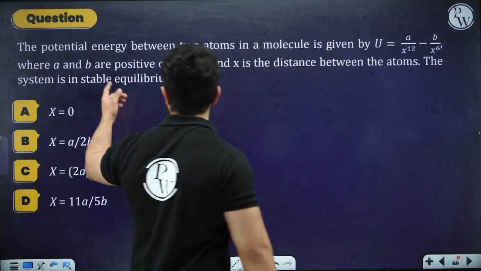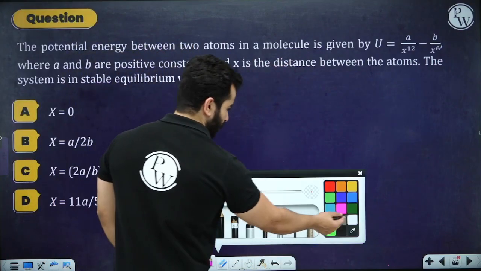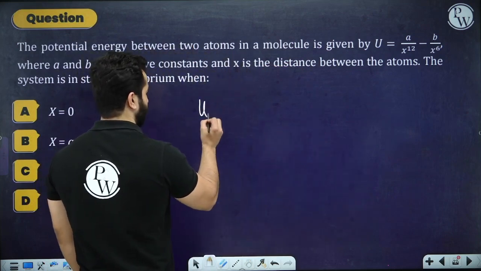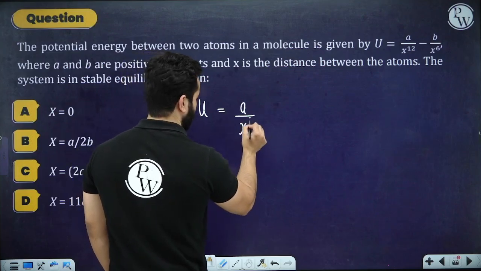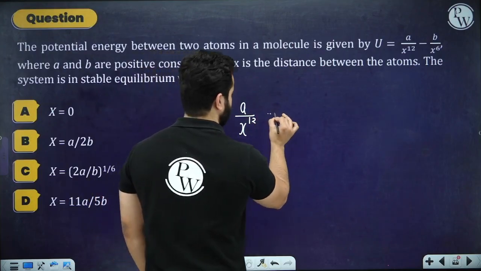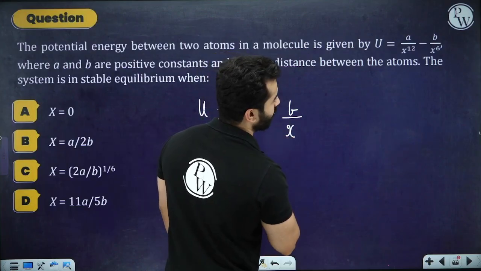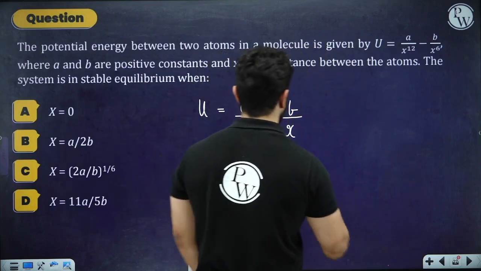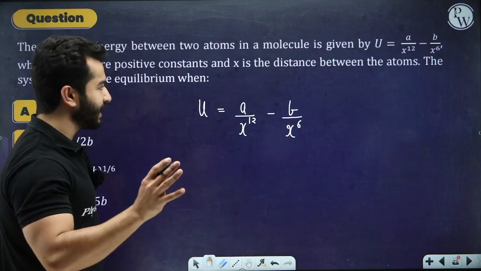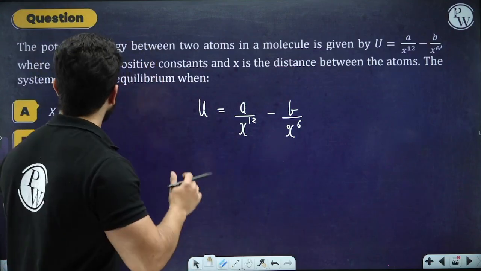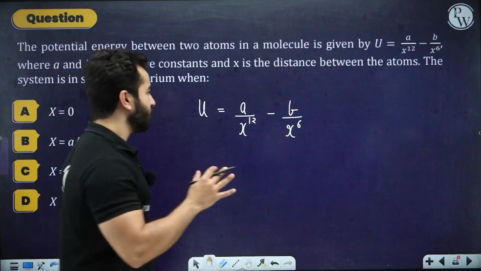The question says the potential energy between two atoms in a molecule is given by U equals A over x to the power 12 minus B over x to the power 6, where A and B are some positive constants and x is the distance between the atoms. The system is in stable equilibrium.